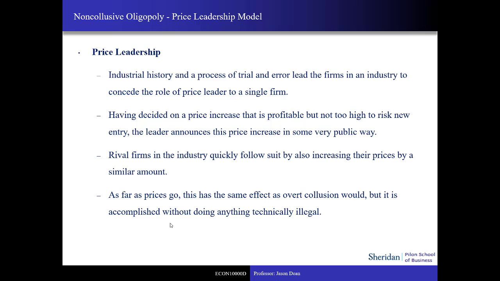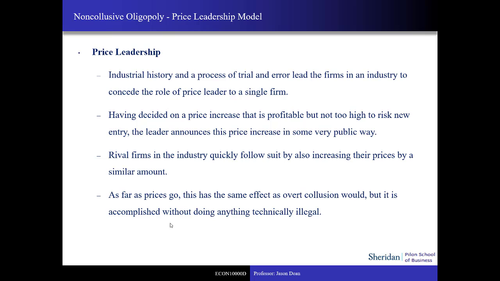convention that, through trial and error over time, one of the firms tends to become a leader in the industry. So the other firms concede the role of price leader to a single firm. Maybe this could be something like Esso, if you're thinking of the gasoline industry in Canada.